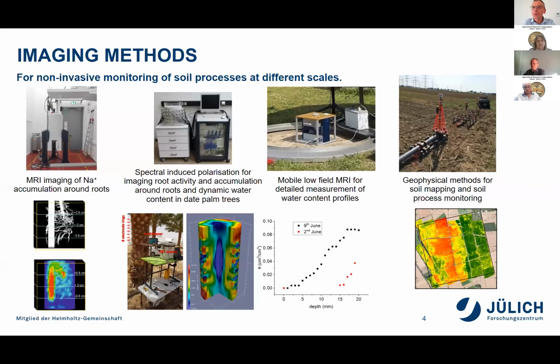Finally, we are also developing and improving interpretation methods for measurements obtained with geophysical methods that we can use for rapid soil mapping and for monitoring soil processes non-invasively at the field scale.